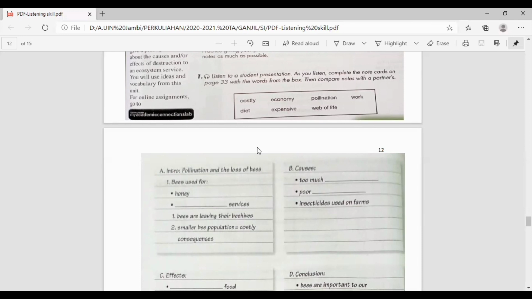One expert says that losing bees may cause farmers in the United States to lose $15 billion and other businesses to lose $75 billion. In conclusion, bees are a super valuable part of our web of life. The effects of losing them can be very costly. Hopefully, we can find a way to save bees soon. Okay, are there any questions?